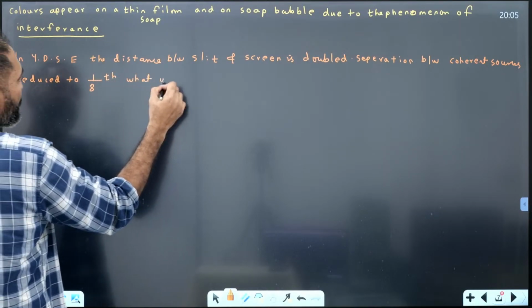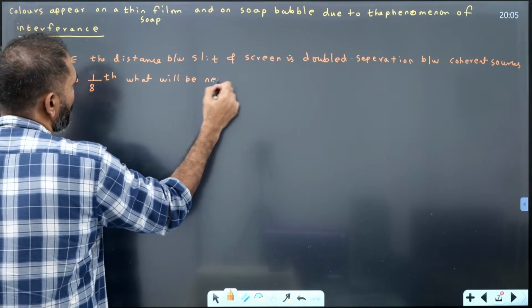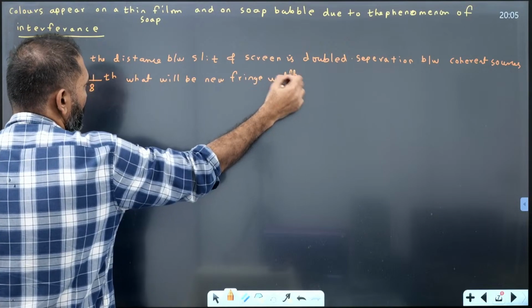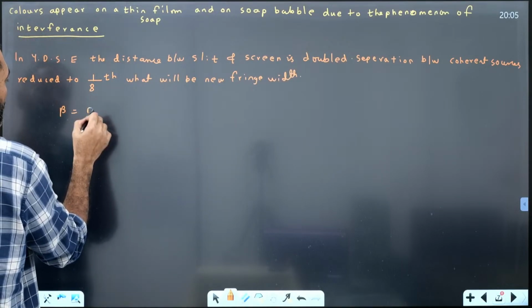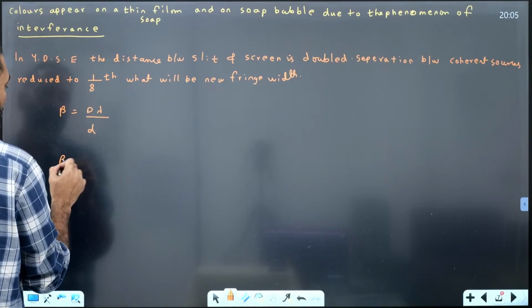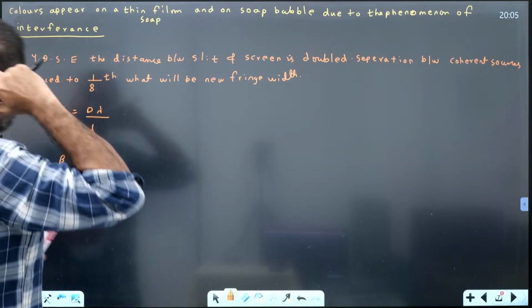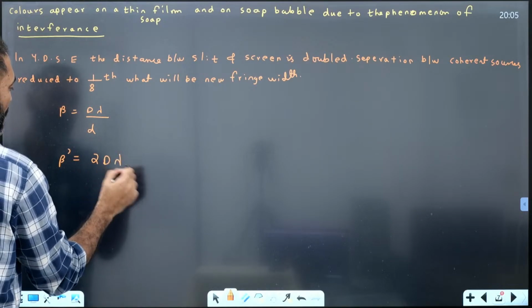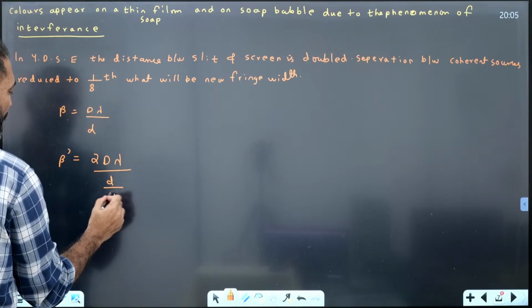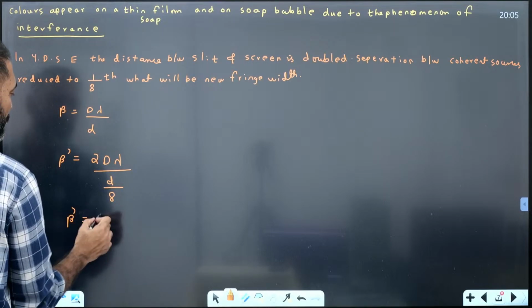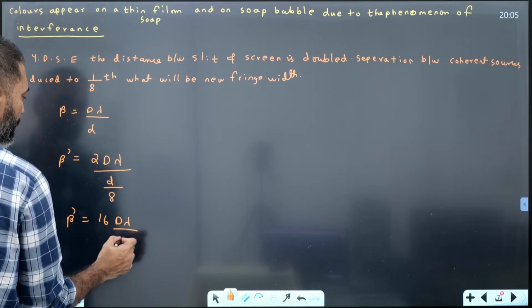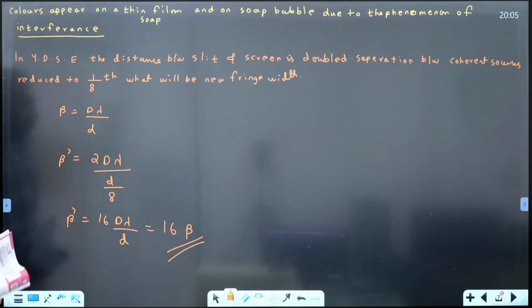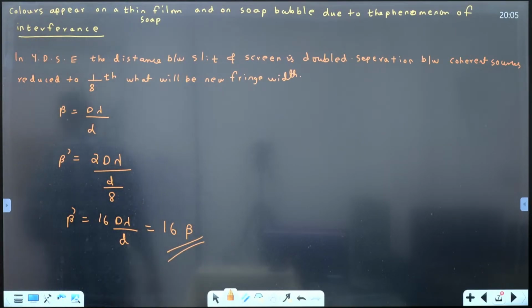What will be the new fringe width? Beta equal to D lambda by d. So beta dash: the distance between slit and screen is doubled, so 2D lambda, and d becomes d by 8. So beta dash is equal to 16 D lambda by d. That means beta dash is equal to 16 times beta, 16 times the original fringe width. Any doubt?